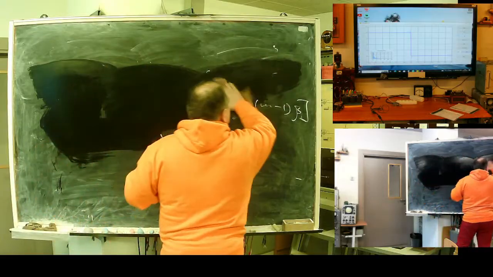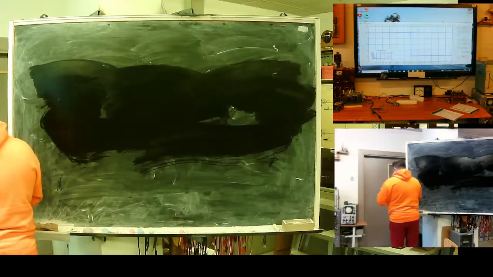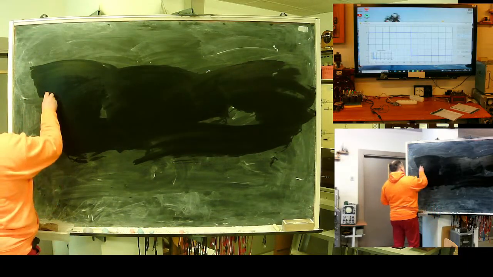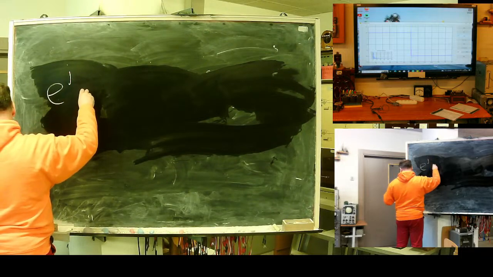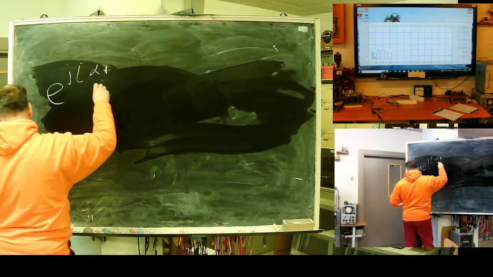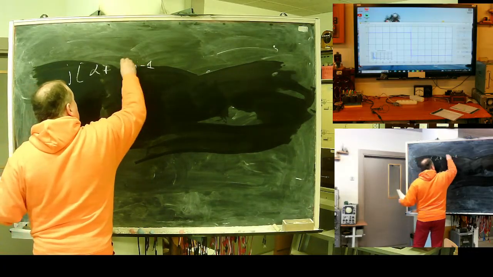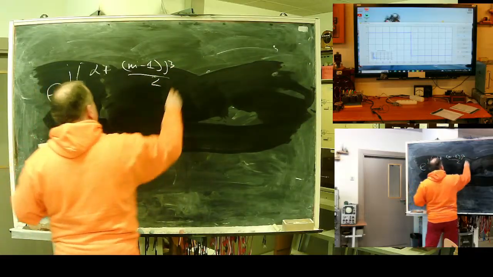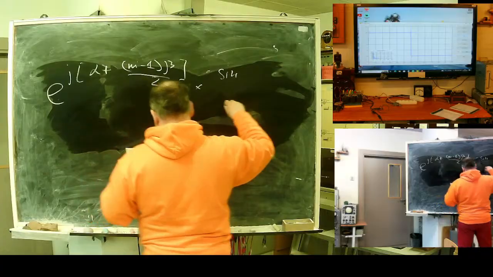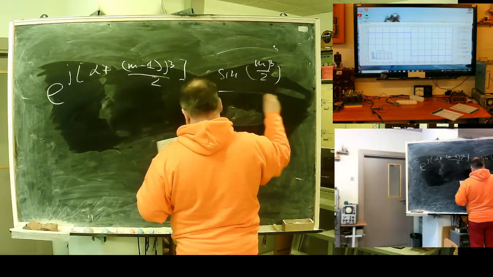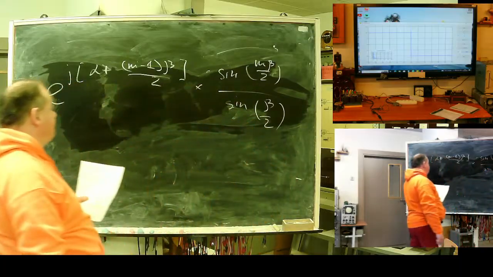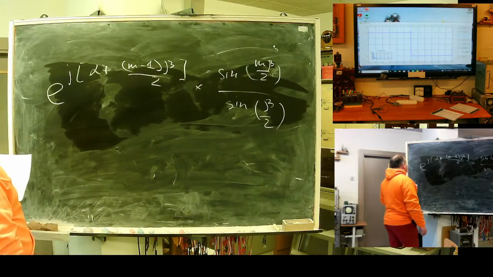This series can be represented as e^(j(α plus (m minus 1)β/2)) multiplied by sine(mβ/2) divided by sine(β/2). Again, we need the real part.